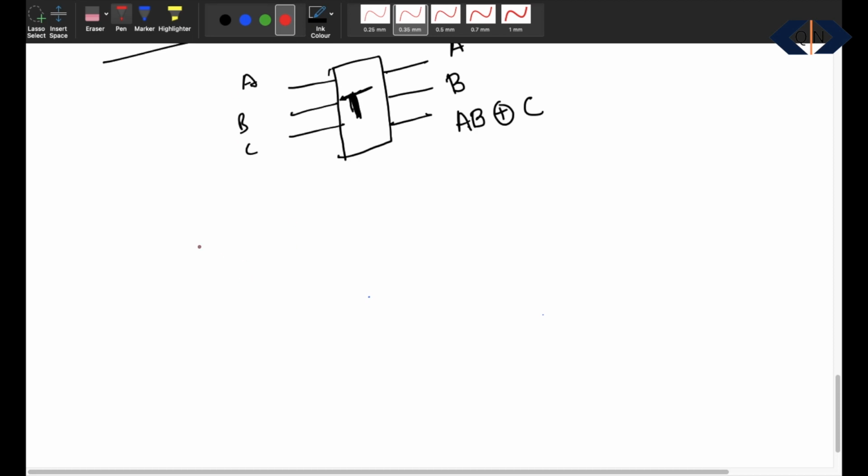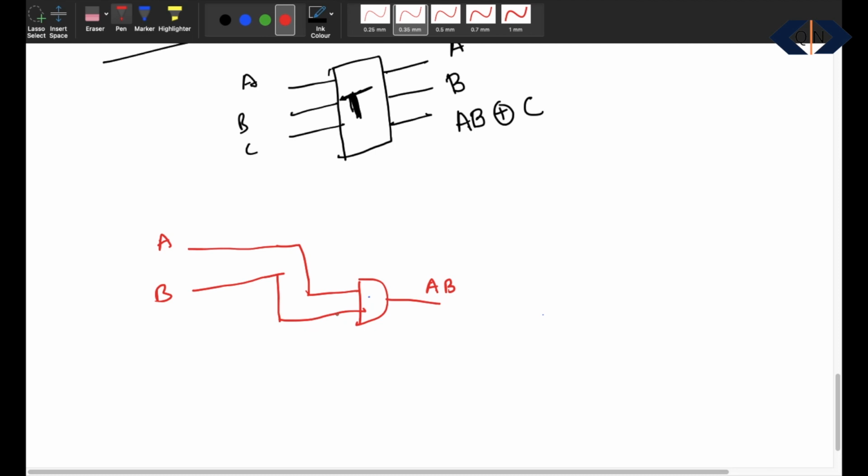So there should definitely be an AND gate, let me make it like this, which will give an output as AB. We have input as A, B.